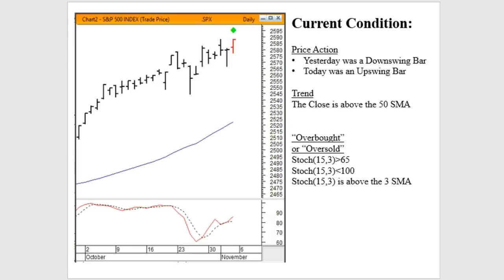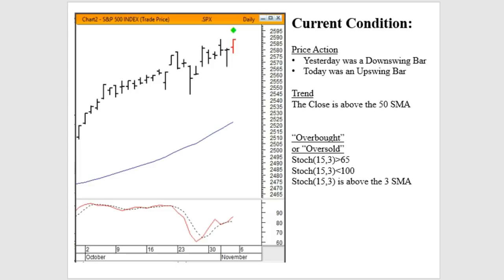And then all of that is occurring in a situation in the 15-3 stochastic where we are between 65 and 100, kind of in overbought territory, and the stochastic is trending above its 3-day simple moving average, or the %D. All that makes up a 3-dimensional market condition that's occurred roughly 86 times in the past, from January of 2000 up till the present in the S&P 500.